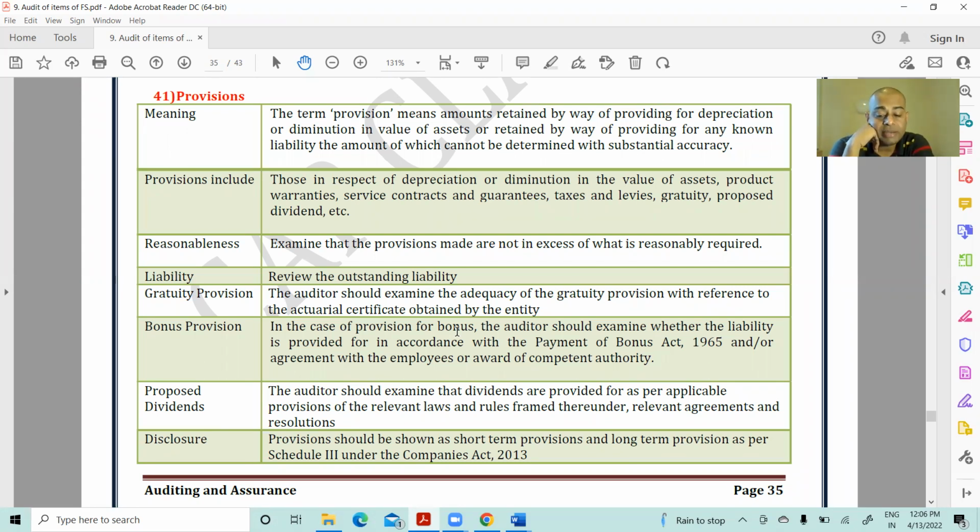Once you are done with this, let me know in the chat box. Okay. We'll do one or two other important items and then we'll call it a day for this particular topic. Then we'll go with some other chapter.